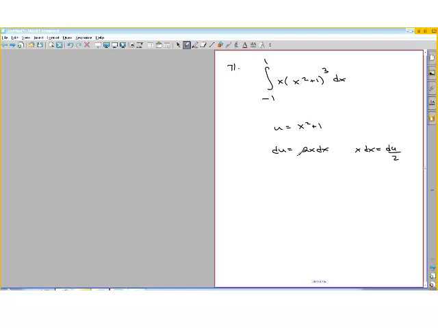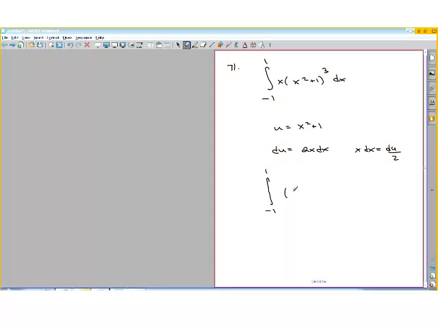Okay, now we can make the substitution. I'm going to leave the limits. The limits are actually in terms of x, but as long as we don't substitute in until we get the thing back in terms of x, then we can do the substitution. So x dx becomes du over 2.